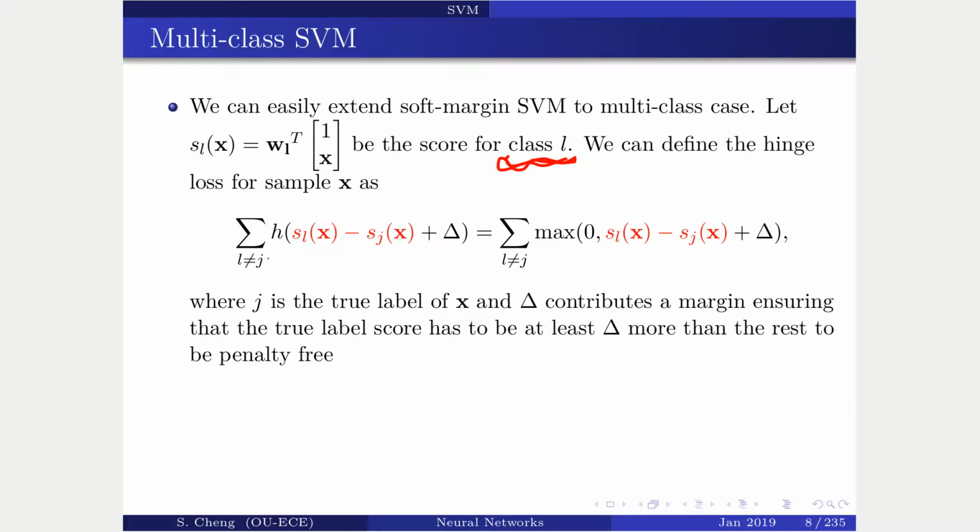Then I want the score for L to be bigger than any other score, so this would be larger than this, right? And I want to add a delta, a kind of buffer or margin there, so I'm not just bigger than Sj, but bigger than Sj plus delta, right? Am I right?